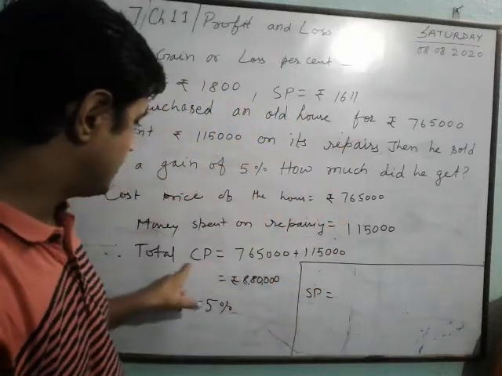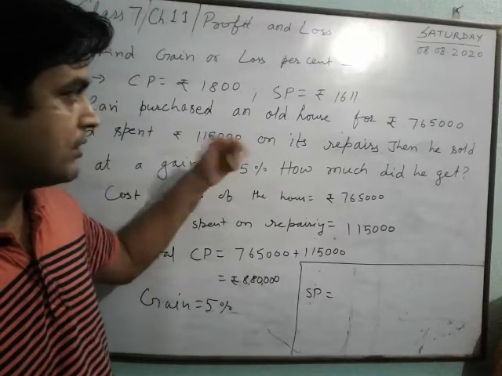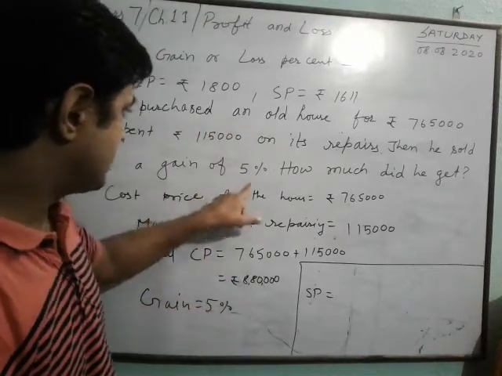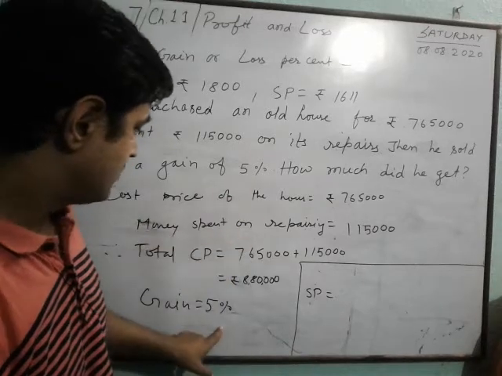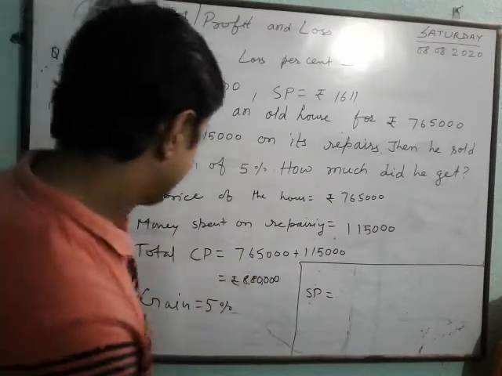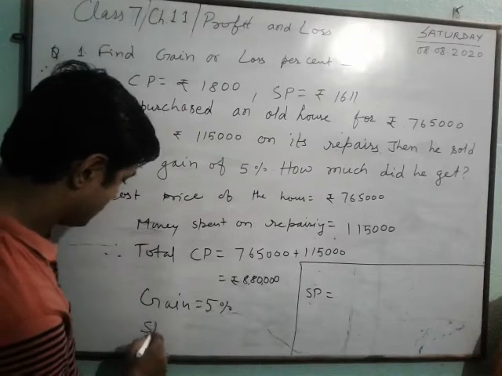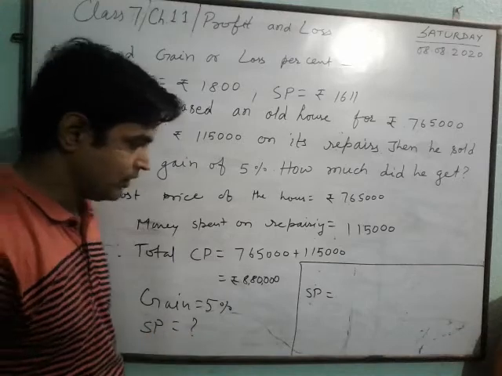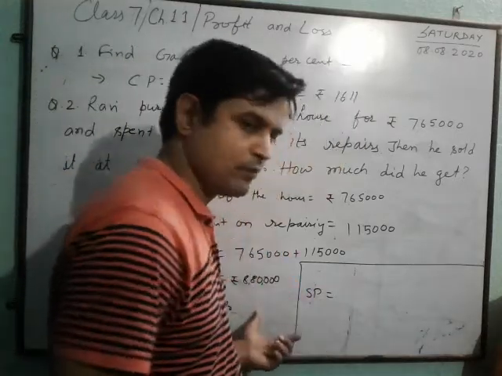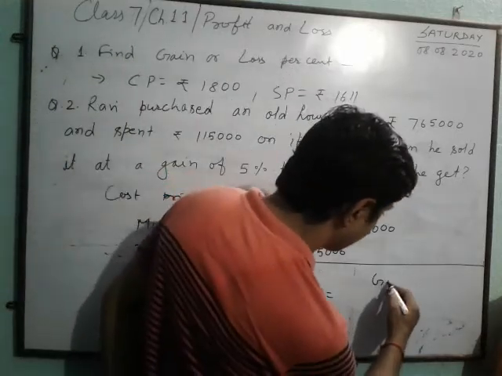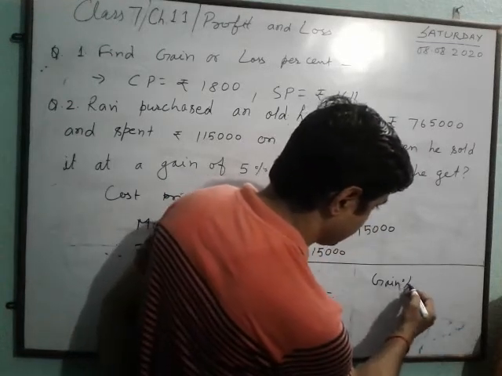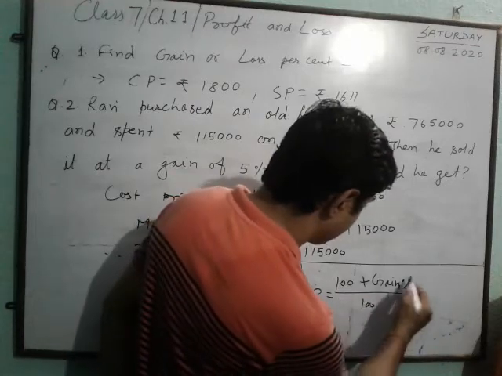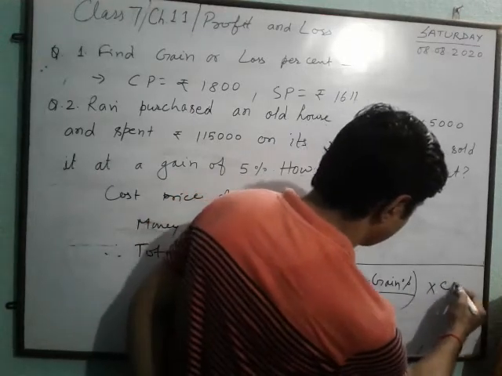Here first we find the total CP, because cost price and repair cost are separately given, and the gain percent has been given. So I noted it. And now what do we have to find? Just note SP. Here you have to find SP. So just mention SP equal to. Now apply the formula. This is the case of gain. In case of gain, we write gain percent, add gain percent to 100, divide it by 100 and multiply it by CP.